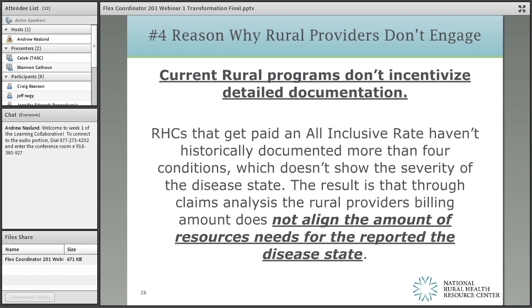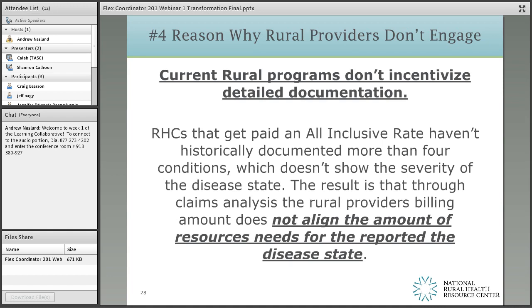And the fourth reason is that the programs that rural providers historically have been under, particularly the all-inclusive rate in the rural health clinic setting, didn't require the documentation of the disease state. In fact, it wasn't that somebody was told not to do it. They just did what they needed to do in order to get paid.